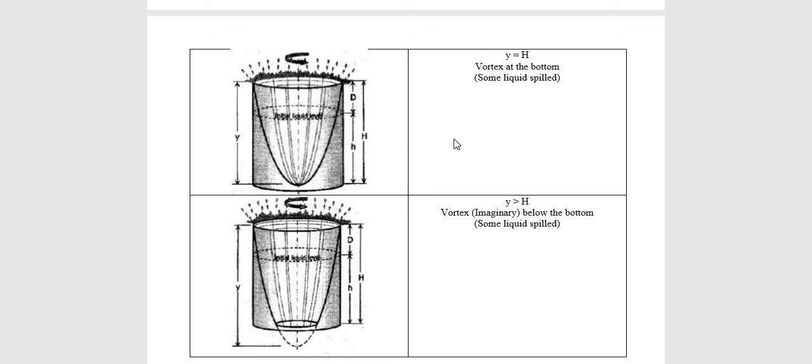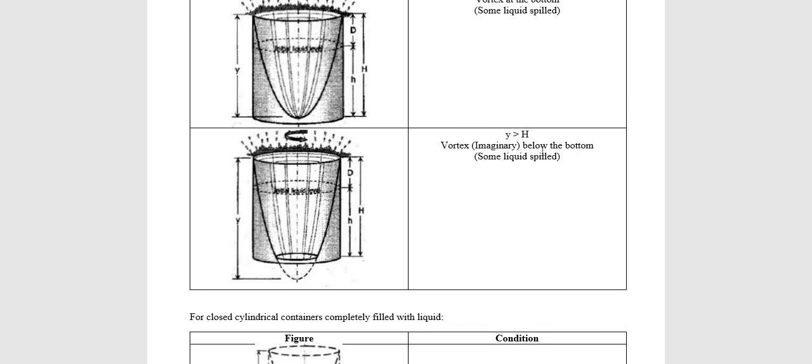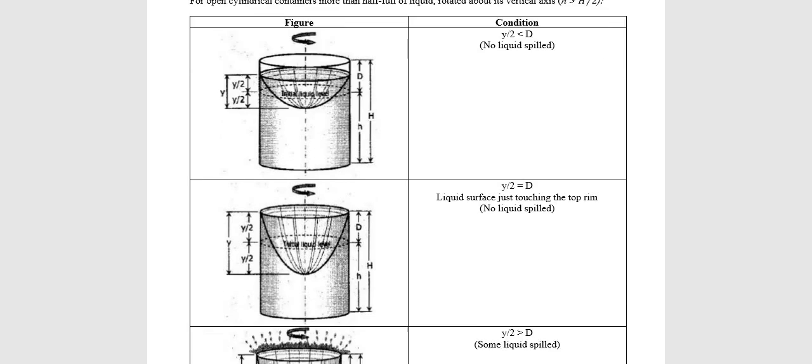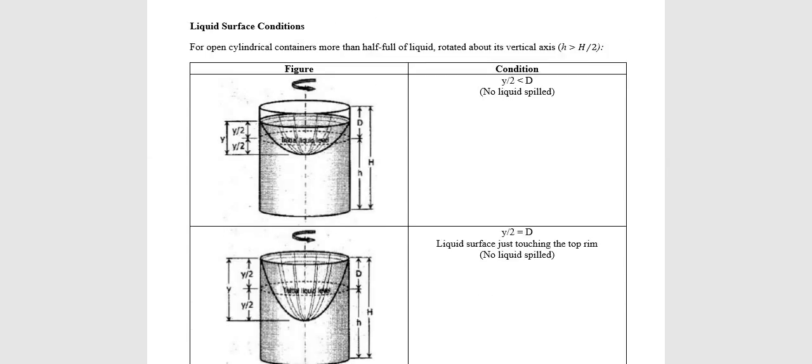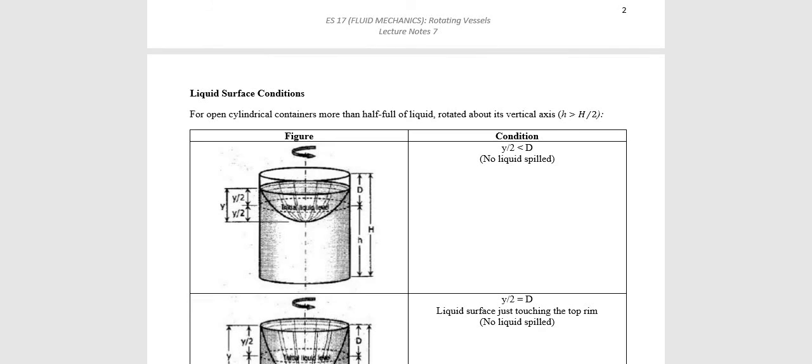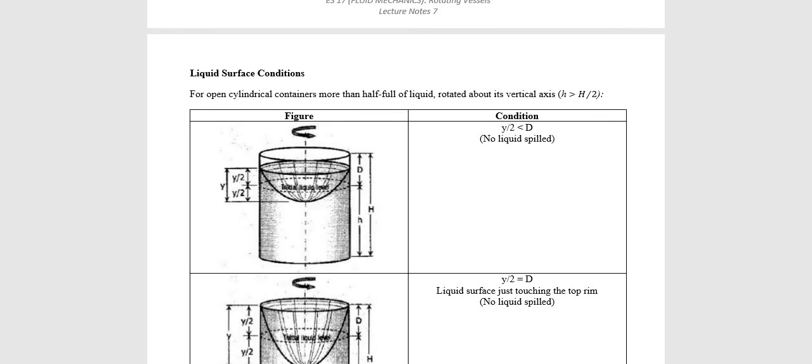Next, kapag yung y naman is greater than h, the vortex that is imaginary is below the bottom. Meaning to say as well, there is some liquid spilled. Again, yung vortex is actually the tip of the parabola. Dito sa first 5 cases, these are for liquid surface conditions in which yung cylindrical containers are open.